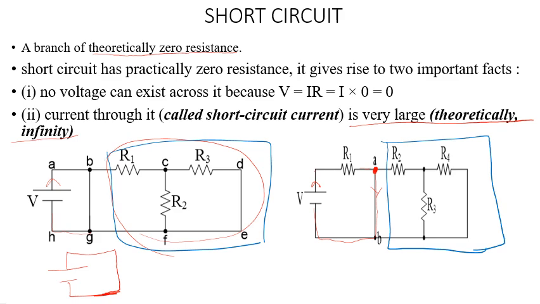If I redraw this circuit, the part that will be considered in our analysis is only R1. Both R2, R4, and R3, all of them have been short circuited because no current will flow through them.